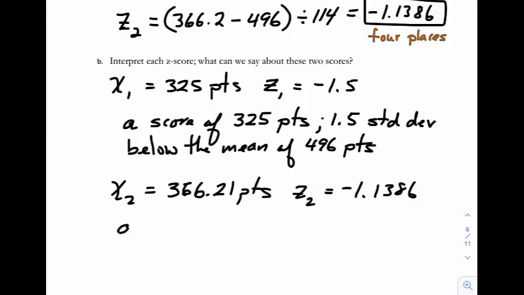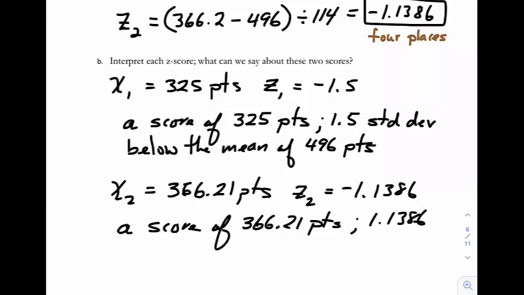So a score of 366.21 points is 1.1386 standard deviations below the mean, below 496 points.